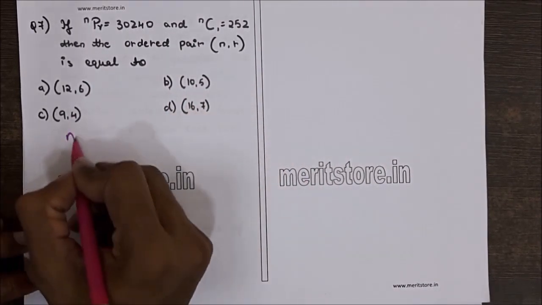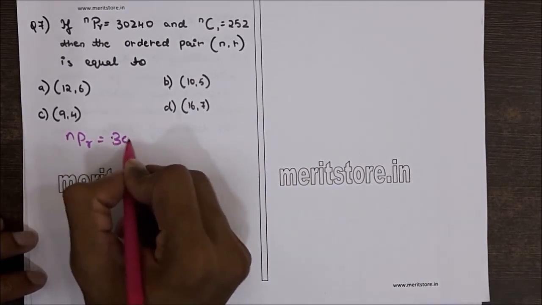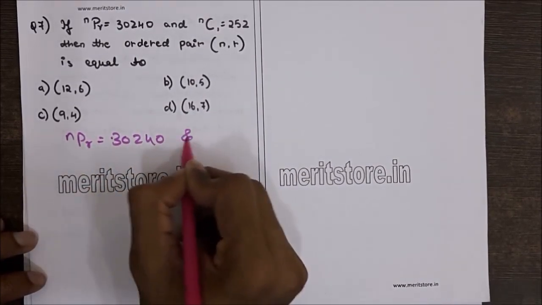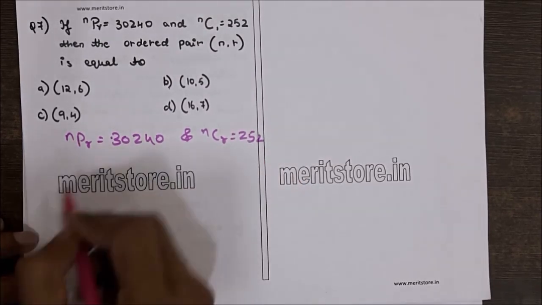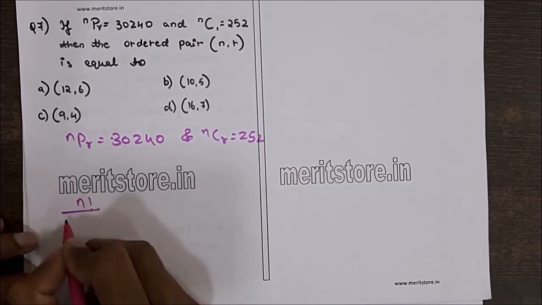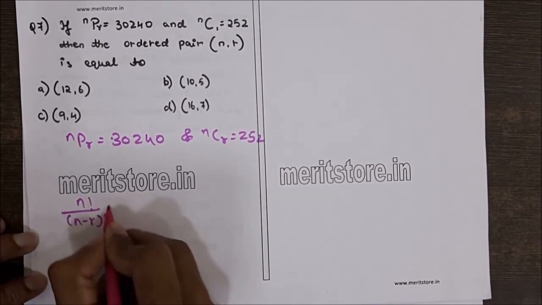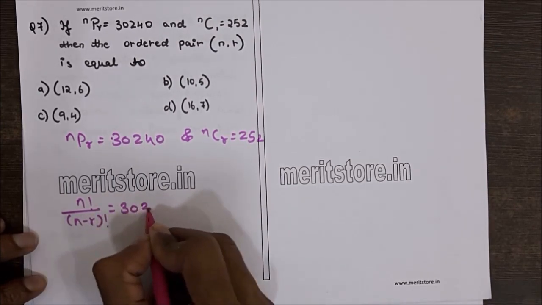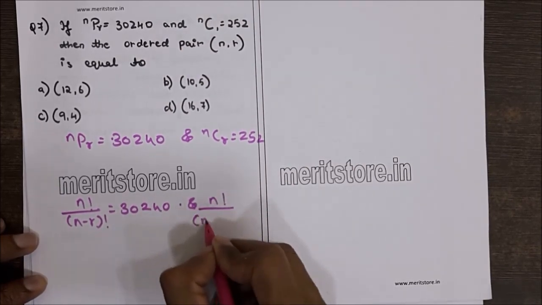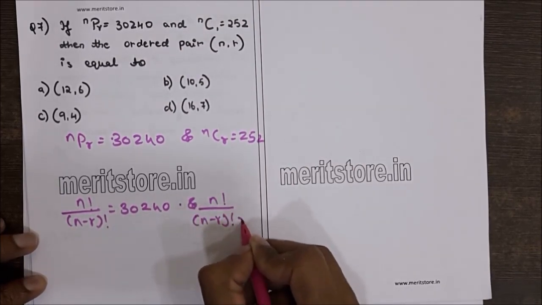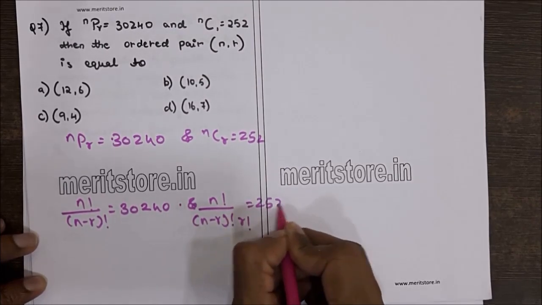Given that nPr is equal to 30240 and nCr is equal to 252. Solving this, we can write nPr as n factorial upon (n minus r) factorial, which is equal to 30240, and n factorial upon r factorial (n minus r) factorial which is equal to 252.